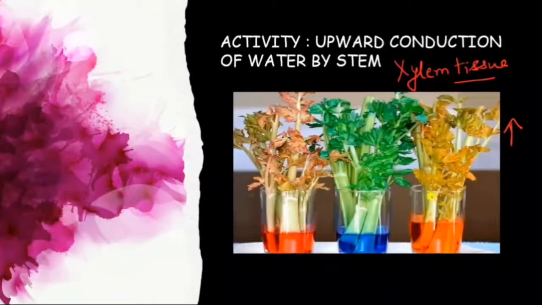When we dip this stem in the water, you will see that the color of the stem and the leaf becomes red. Why did this happen? This happened due to the xylem tissue. It acts as a pipe which helps in transporting the water from the stem to the different parts of the leaf. So let's watch the activity.